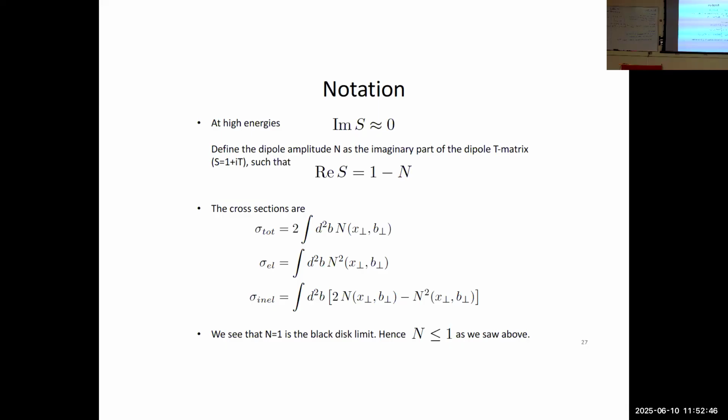N is just 1 minus S. So therefore, the equation becomes d over d Y of N of x1, x0, and little s equals alpha_s N_c over 2 pi squared, and so on. I'm just going to write the answer. If you want, that's a quick exercise for you to do to derive it.